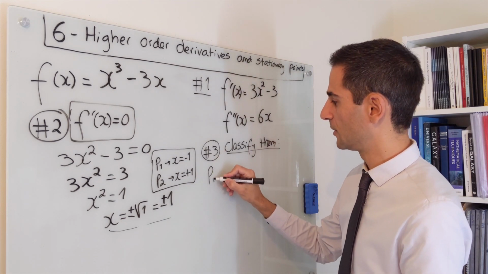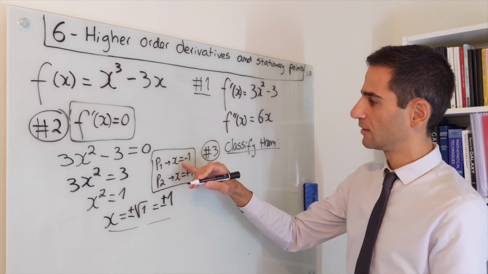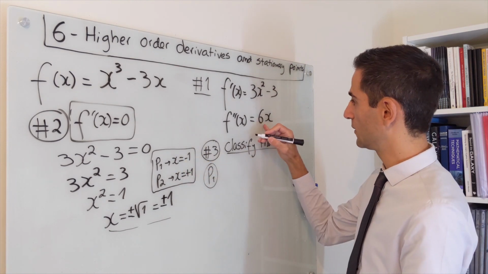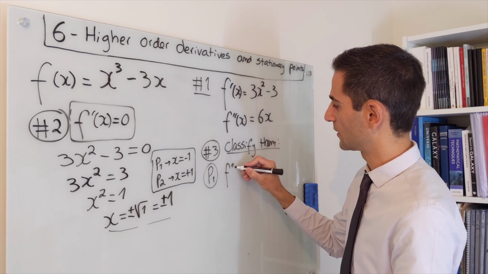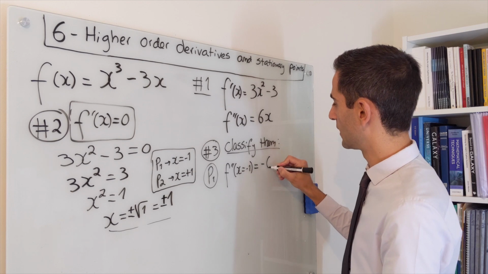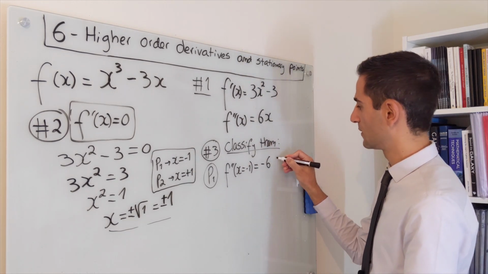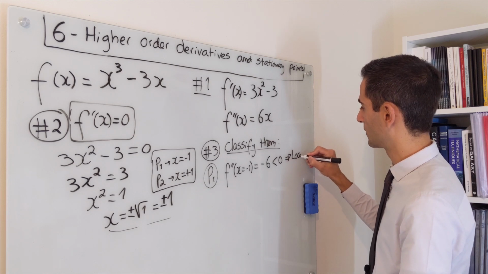Let's start with P1. For P1, if we plug in x equals minus 1 to the second order derivative, we actually get, and I'll write it explicitly here so that it is clear, we get minus 6. Minus 6 is below 0. This implies we have a local max.